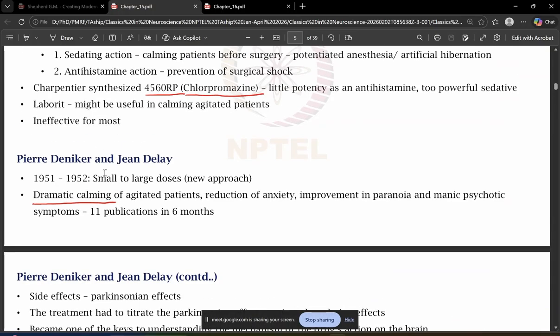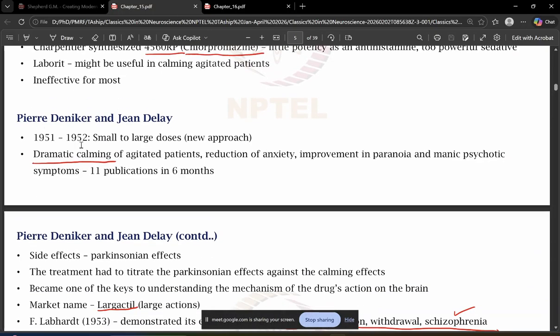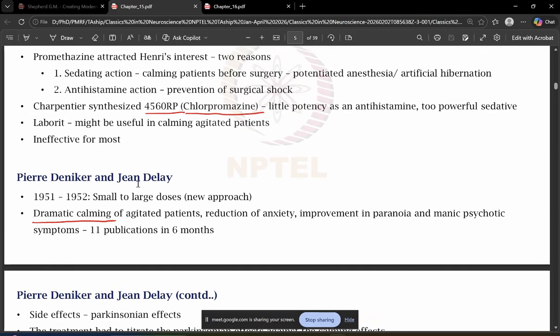But later, again in Paris, Pierre Deniker and Jean Delay tried a new approach. They said, okay, let us start with small doses and then slowly increase the dosage of chlorpromazine. They saw a dramatic calming of agitated patients, a reduction in their anxiety, and improvement in their paranoia and manic psychotic symptoms.